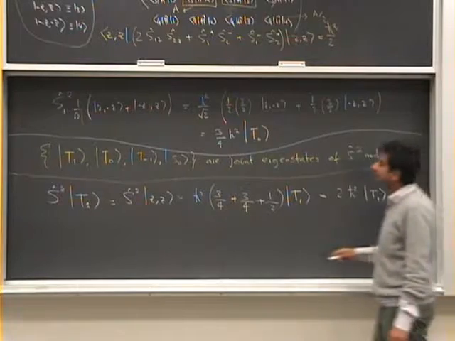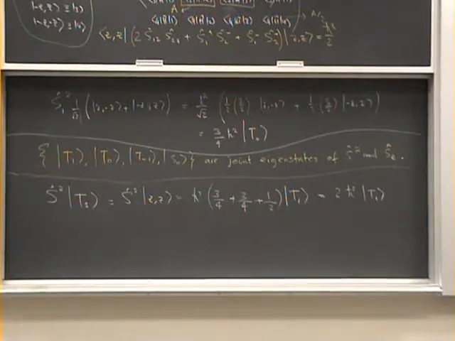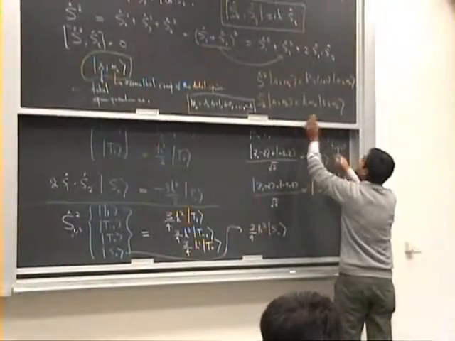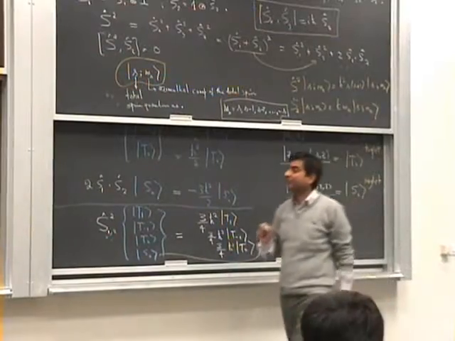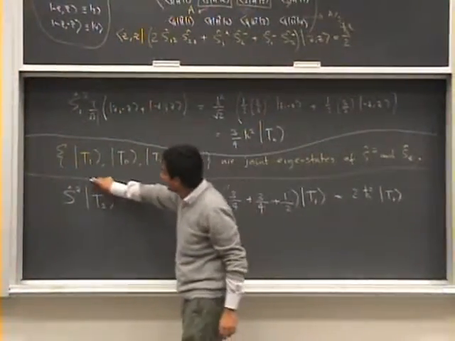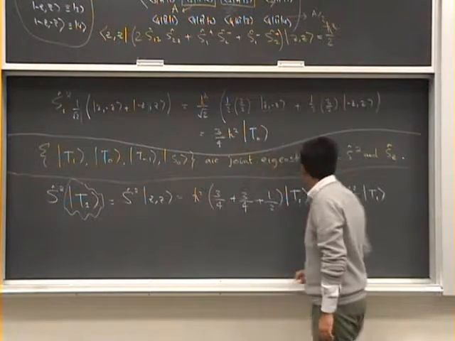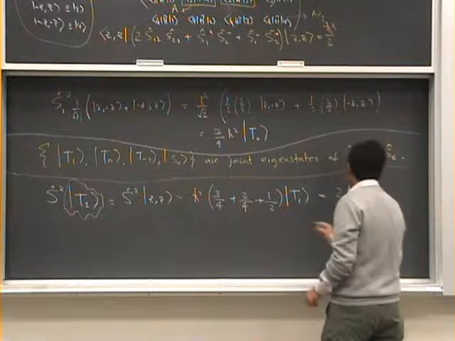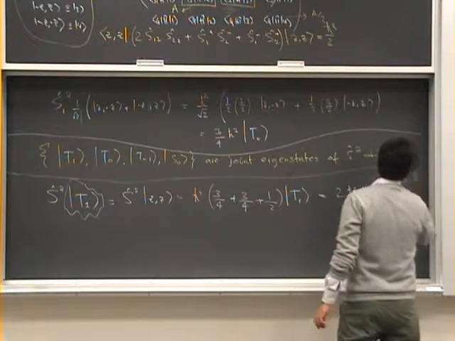Now if I compare this expression with this expression, what is the value of s for T1? What does this T1 really mean? This means that for this state, s, the total quantum number is 1.